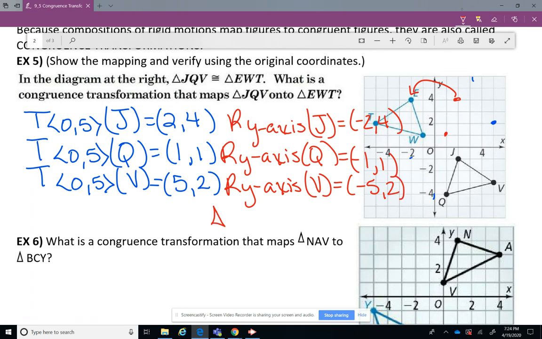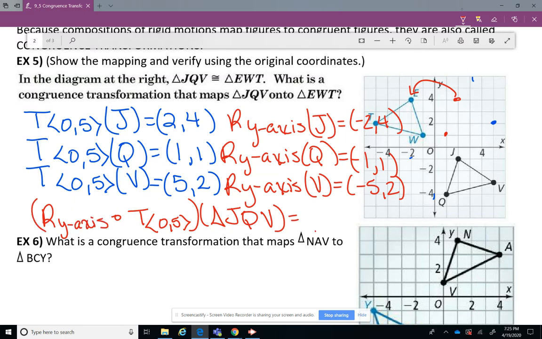We took triangle JQV and we translated it 5 units up, and we reflected it over the y-axis to create triangle EWT.